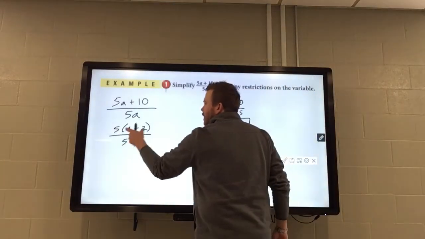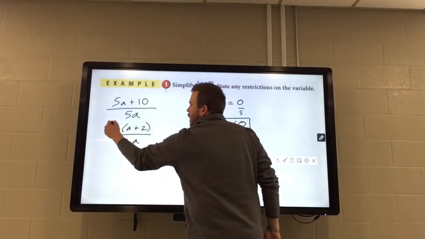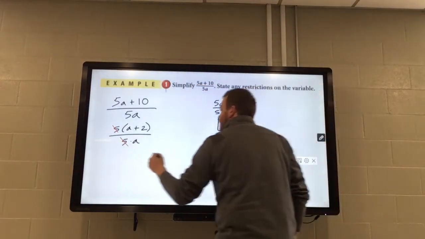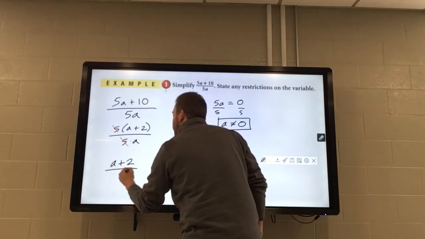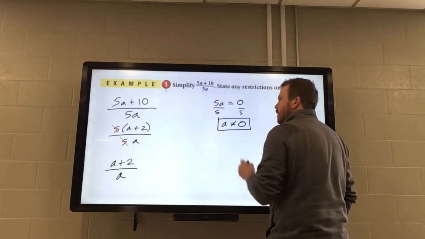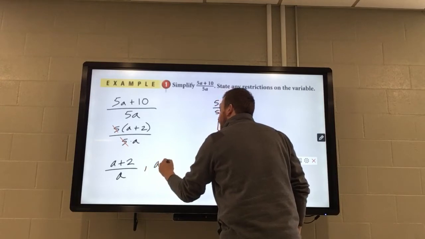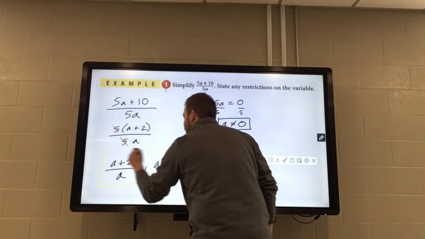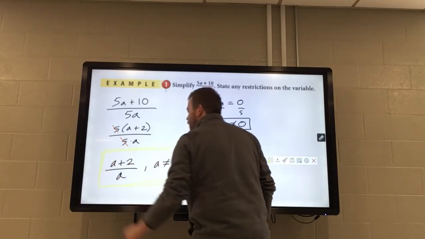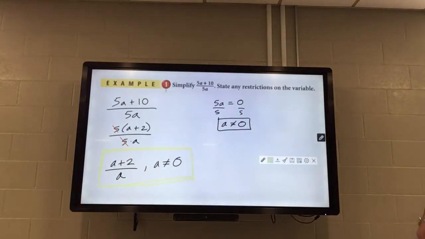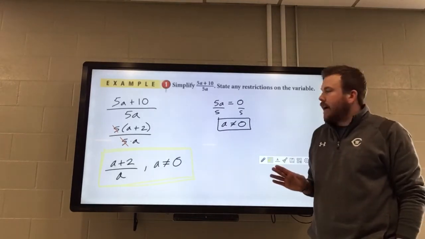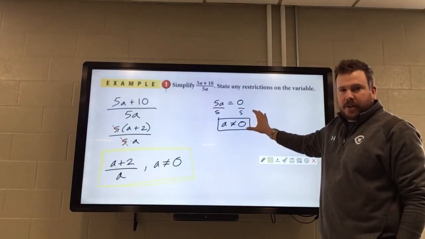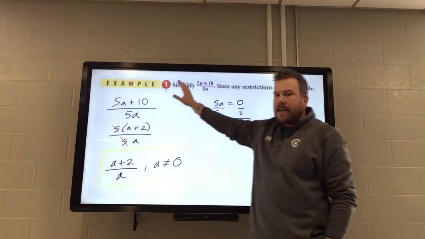Since I have 5 times something and 5 times something, I can cancel out my 5's, leaving me with just a plus 2 over a. And then we state our restriction, a cannot be equal to 0. That is my final answer. So, if we're looking to simplify and state any restrictions on the variable, we first find the restrictions, then we simplify.